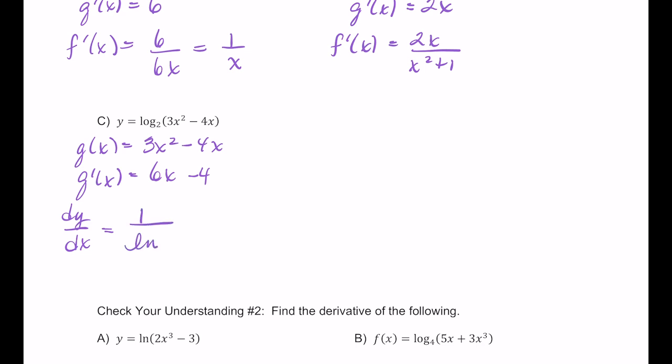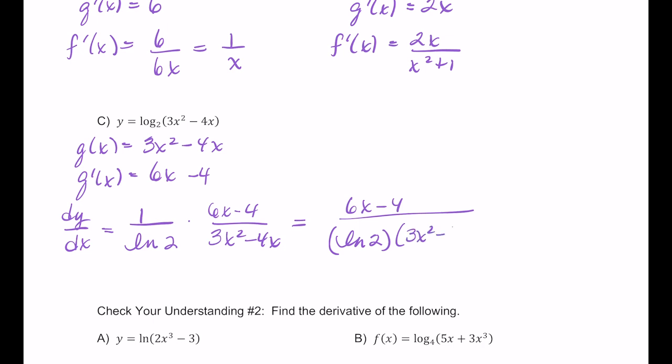The base here is 2, right? Then we multiply that by the derivative of g of x, which is 6x minus 4, over g of x, which is 3x squared minus 4x. Of course, I can combine that and just write it as 6x minus 4 over the natural log of 2 times 3x squared minus 4x.